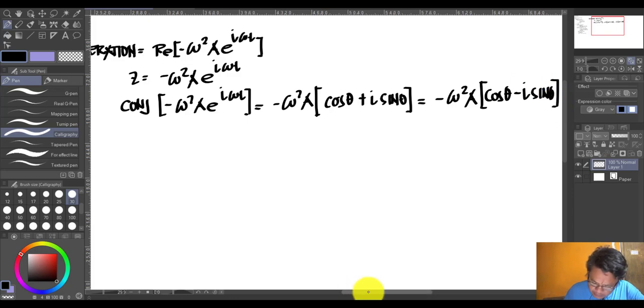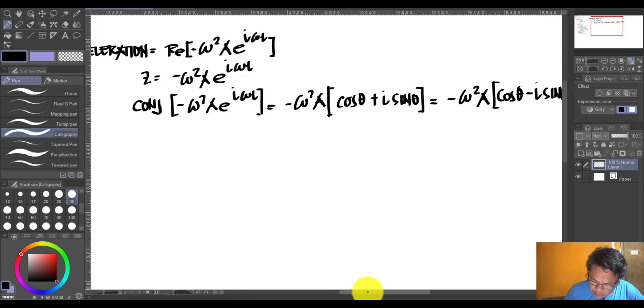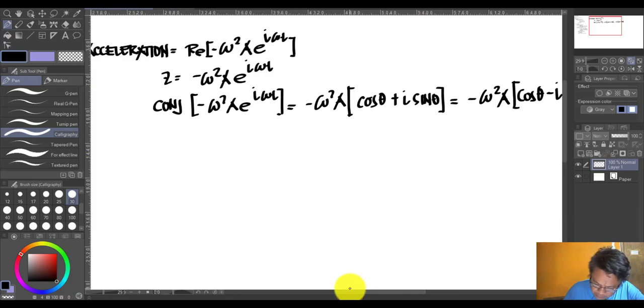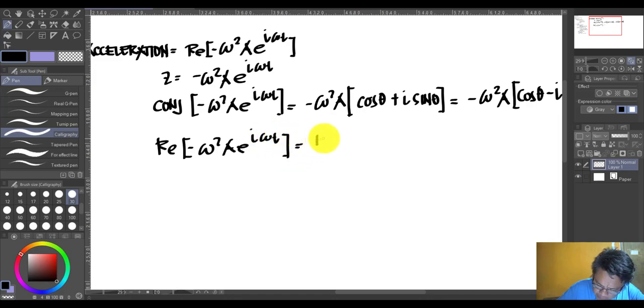Then again, substituting into the equation, we have the real part, which is equal to, this will be your i angular times time, so this will be equal to 1/2.